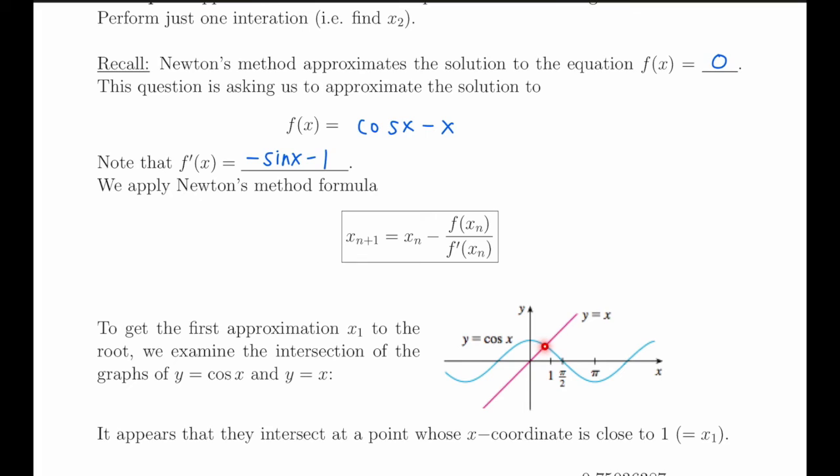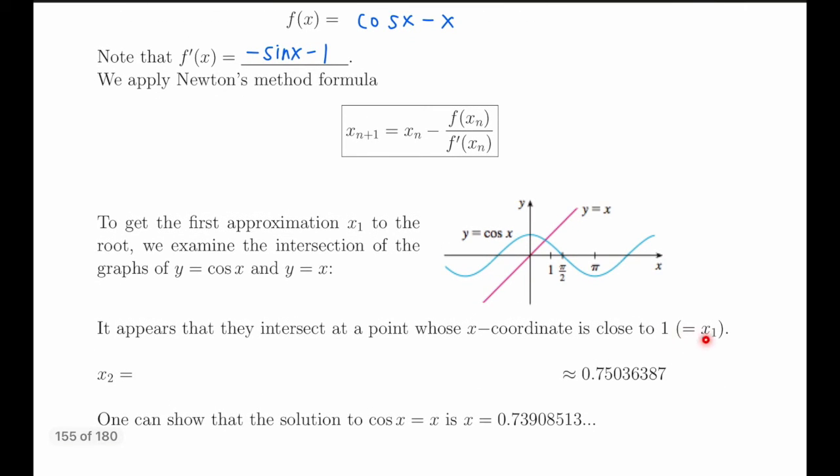Well, it seems like it's around here. We don't know exactly where that is, but we can see that that's somewhere between x is 0 and x is pi over 2. And pi over 2 is a little bit bigger than 1. So why don't we just pick 1 as our x1? It's in your best interest to choose an easy number for x1. So we're going to choose x1 is 1.